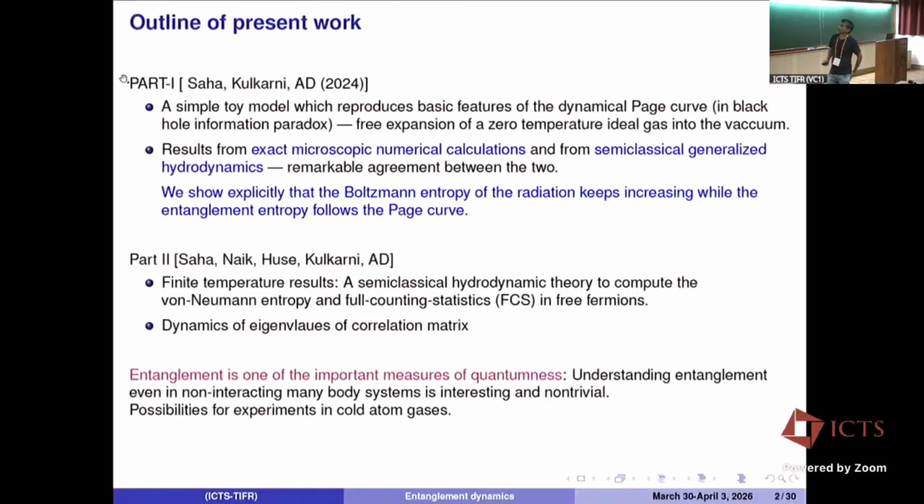Okay, so there are two parts of the talk. One is what was published a couple of years back, where we look at a simple toy model, the same setup, which tries to reproduce some aspects of the so-called Page curve, known in the context of black hole evaporation and the information paradox.